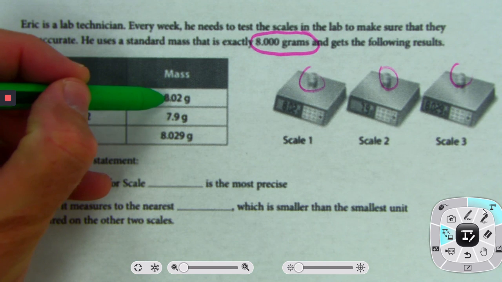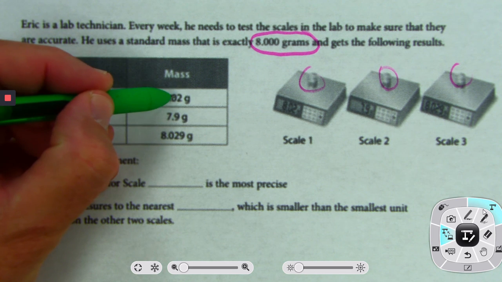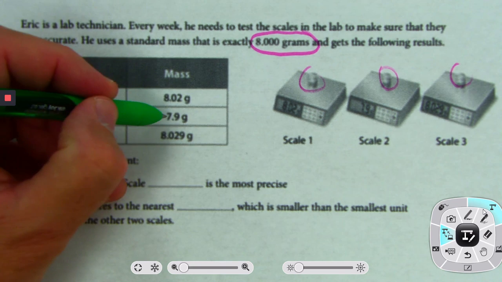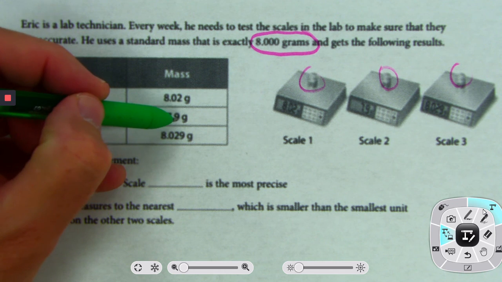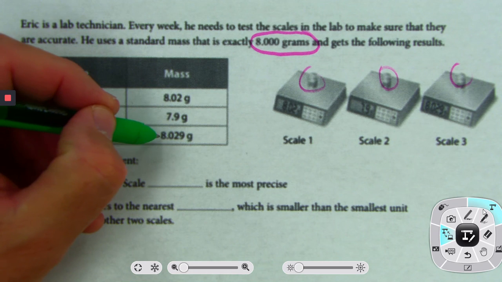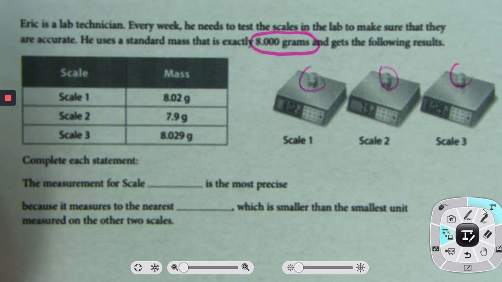Scale 1 measures to 1/100th of a gram. So we have 8.02, so it's 8 2/100ths. Scale 2 measures to 1/10th of a gram. And scale 3 measures to 1,000th of a gram.